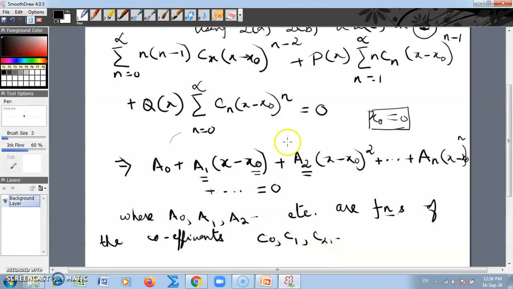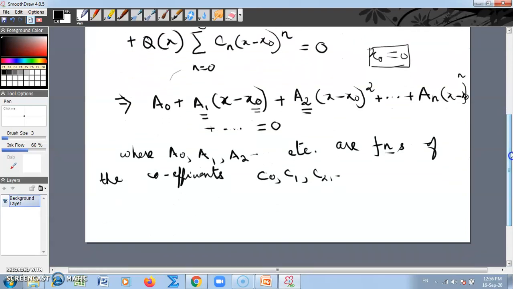After that, what do we do? Let this be equation number 3. Since 3 is an identity, all the coefficients a0, a1, etc. must be equal to 0.